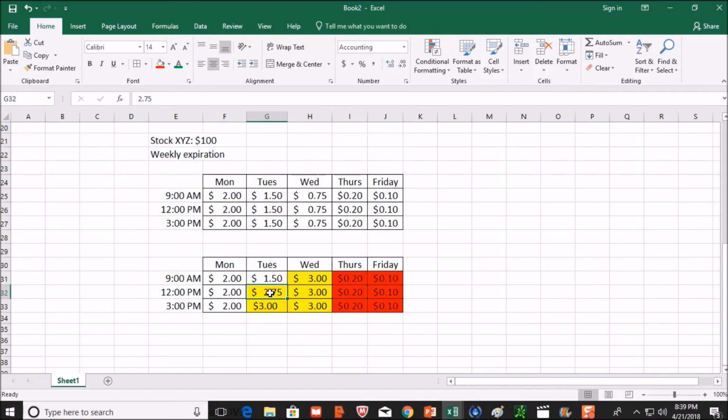So they want to increase the value of these premiums to account for that, because that's added risk for the people selling those premiums. When the market maker is selling these options to you as a buyer, they want to get paid enough to compensate them for the risk they're taking on for this event that's going to take place that's going to cause this unknown volatility. So at noon on Tuesday, they may increase this option to say $2.75, when that morning it was only valued at $1.50.